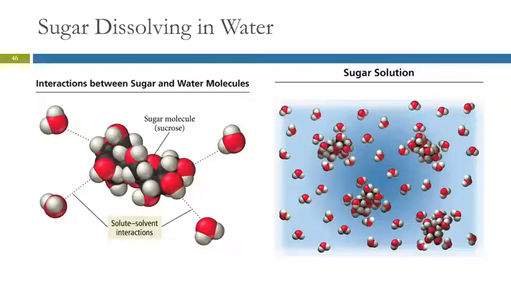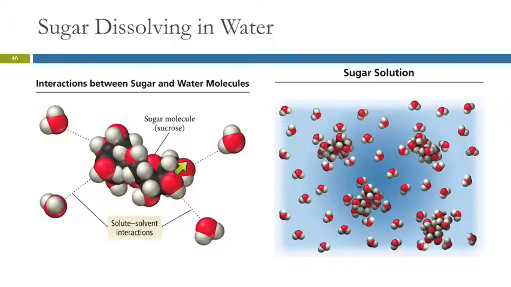So here's an illustration of what sugar does when it dissolves in water. If we look at this space-filling model of sucrose, we see it has oxygens and hydrogens as well. And just like in water, where they don't share the electrons equally, they don't share them equally here either. Oxygen hogs them. And so each of these hydrogens will be slightly positive, and that will be attracted to the negative end of the water molecule.